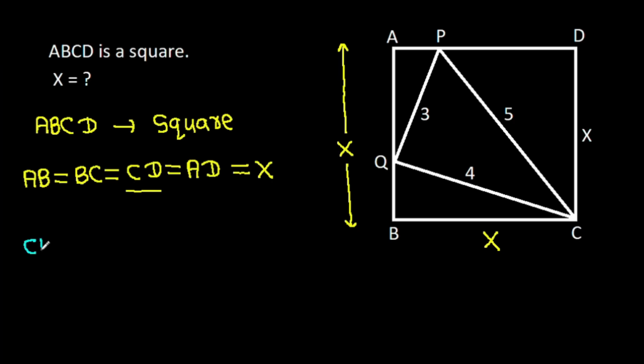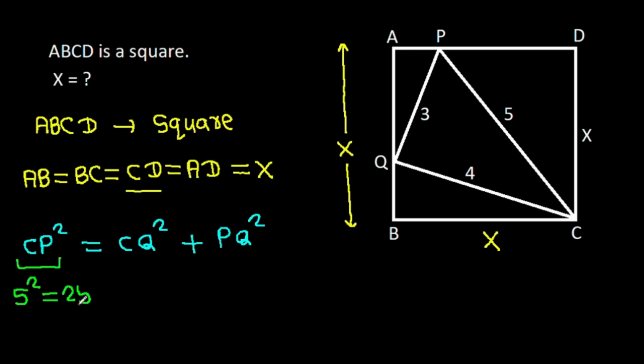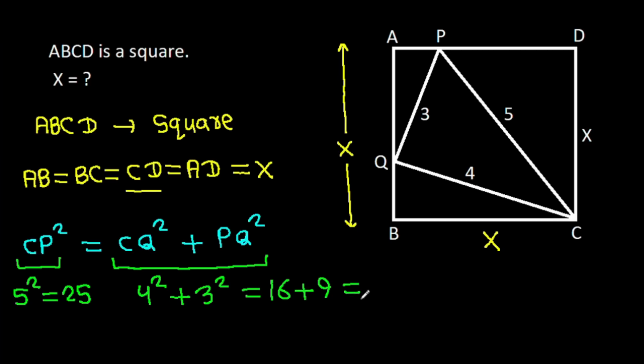And we have CP square is equal to CQ square plus PQ square, because CP square will be 5 square, that is 25, and CQ square plus PQ square will be 4 square plus 3 square, and it is 16 plus 9, that will be 25.